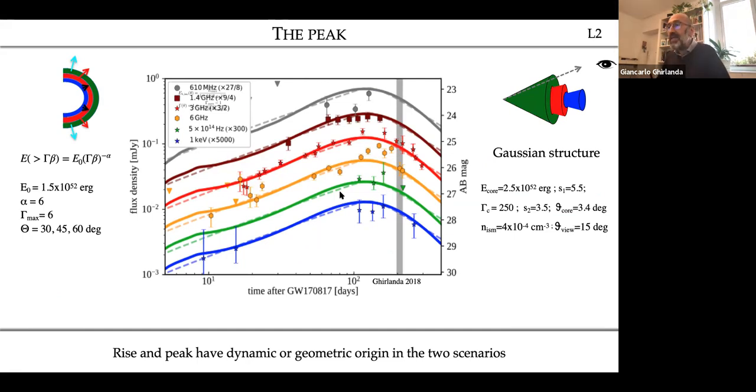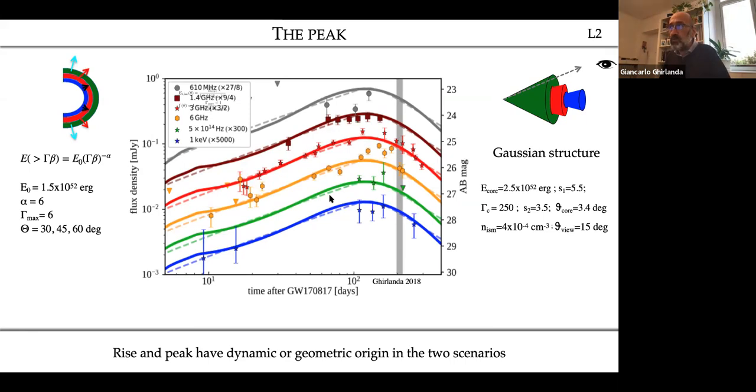With all this information, with maybe the best short gamma-ray burst afterglow ever sampled at different frequencies, from the radio through the optical and X-ray, and having such a complete view of the light curve rising, peaking, and decaying, it was still not possible to disentangle which of these two scenarios is the case.